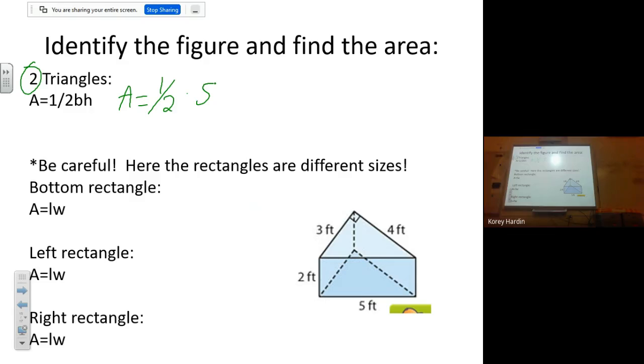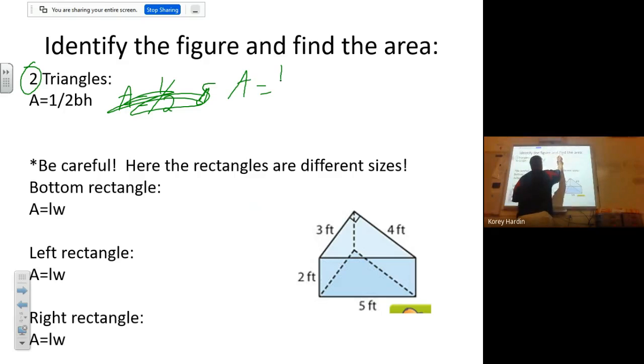Let me make sure I'm right before I do this. Okay, so I'm seeing what I'm doing here. Okay, I was doing a little something wrong because my base is actually not 5 feet.